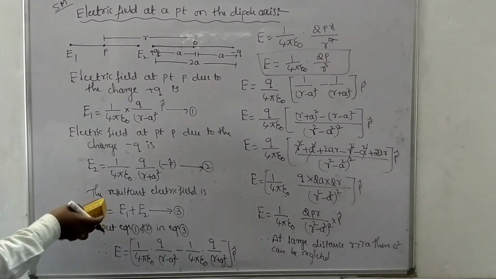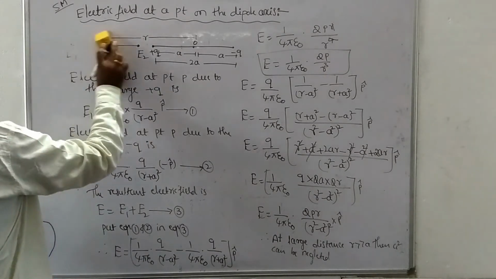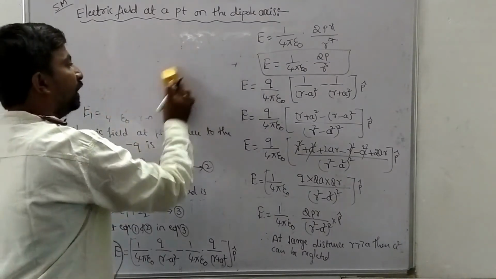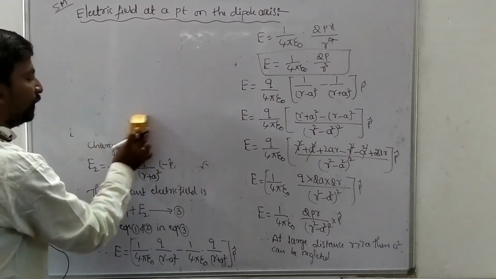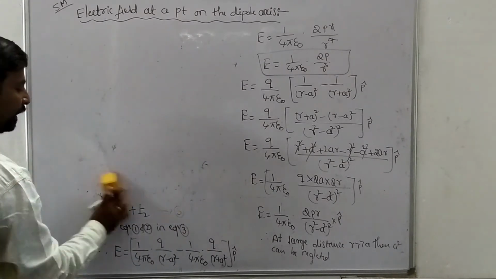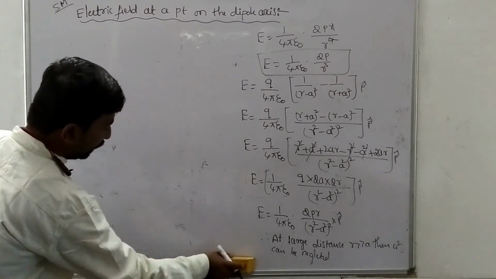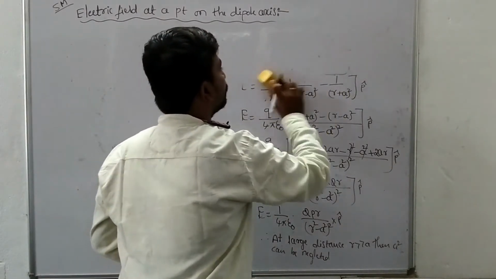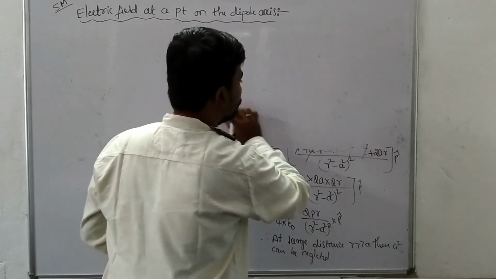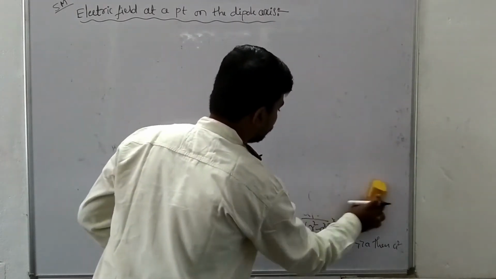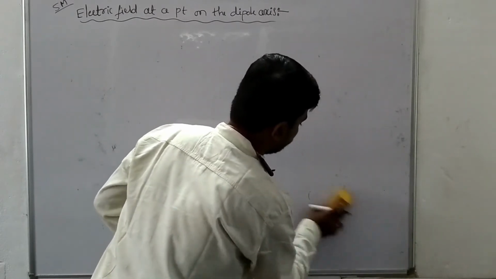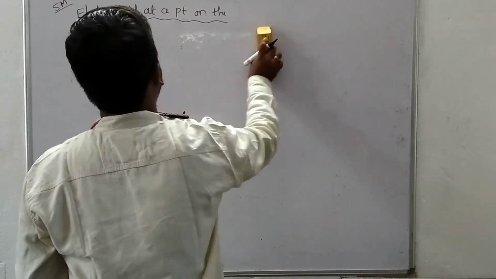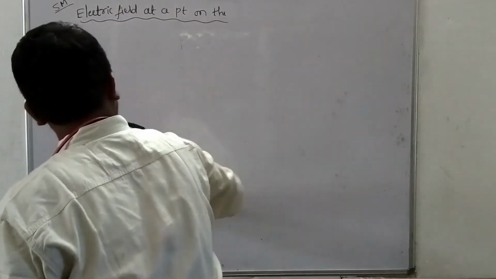Now one more very important derivation: electric field at a point on the equatorial line.